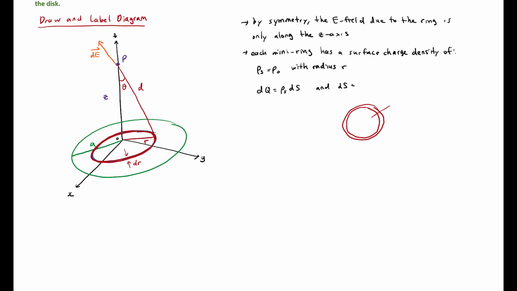If I snip it here, I can unfold it into a long rectangle, and it's going to have a length of 2 pi r for the radius, and a thickness of dr. So that means ds is simply going to be 2 pi r dr. And that means dq is equal to 2 pi rho naught r dr.